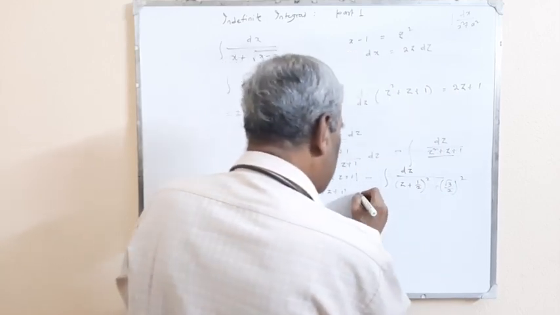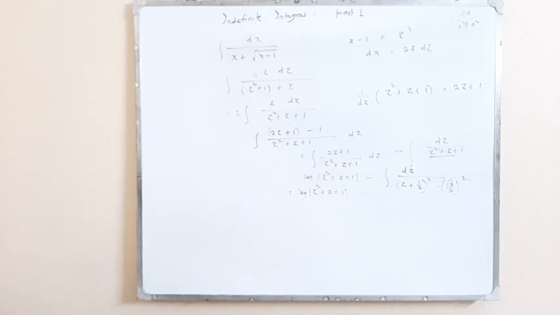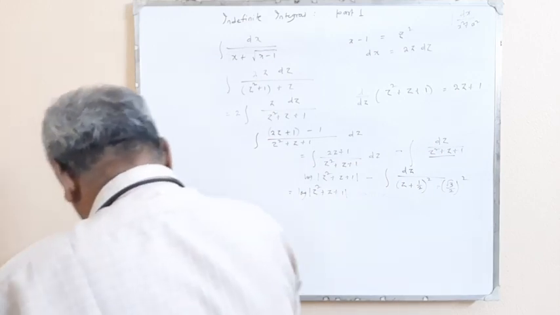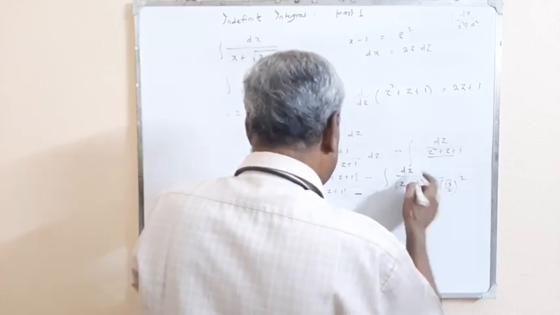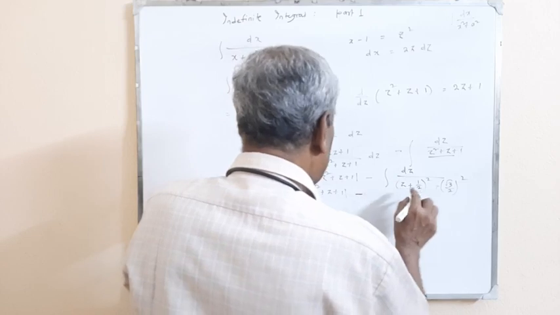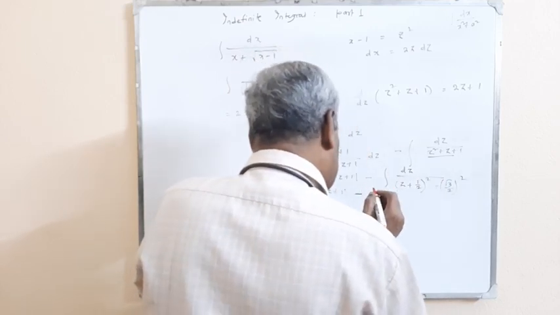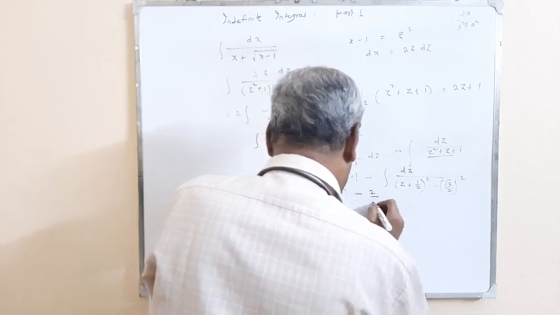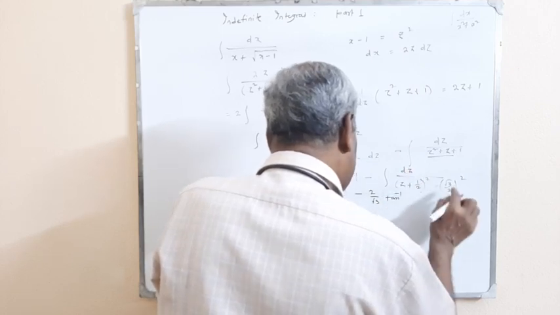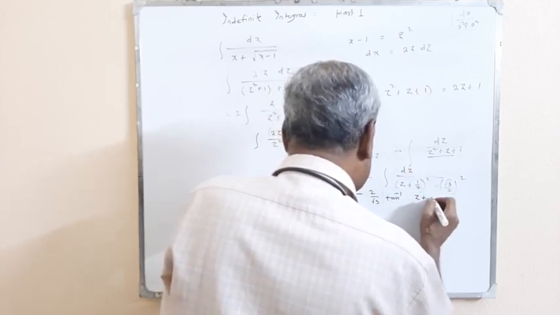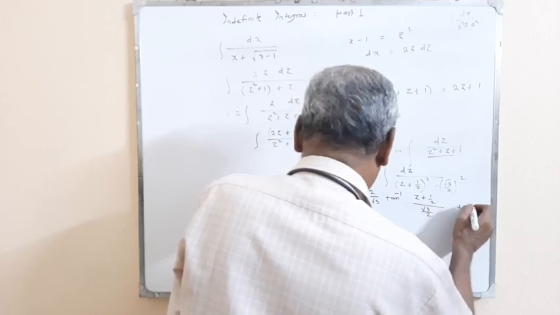So it is equal to then minus dz by that, so that it is integration dx by x square plus a square. So it is 1 upon a tan inverse x by a, z plus half by root 3 by 2, plus c.